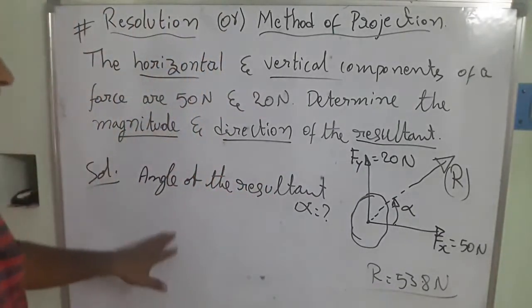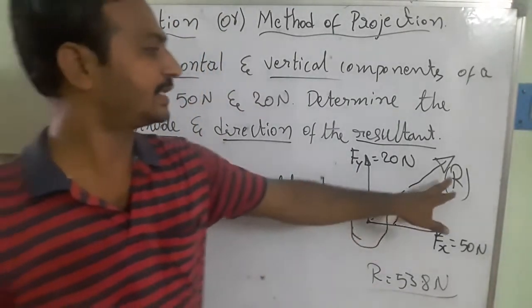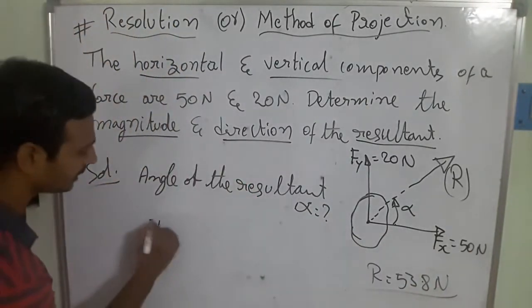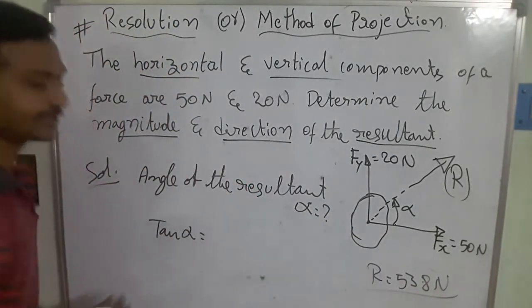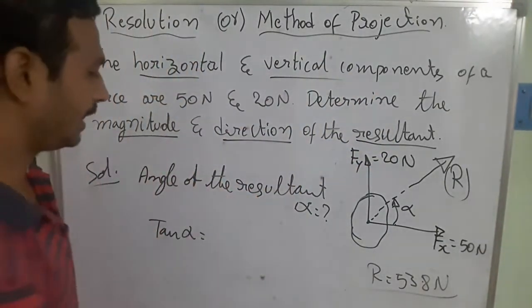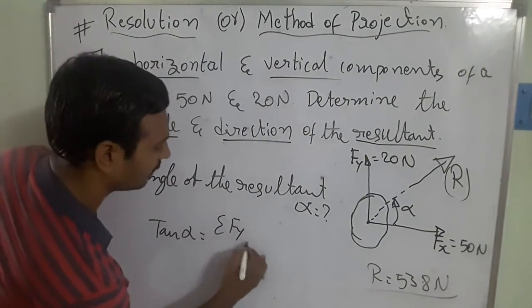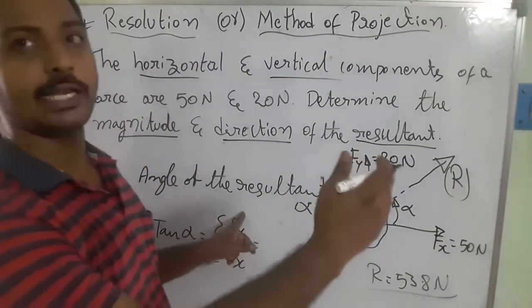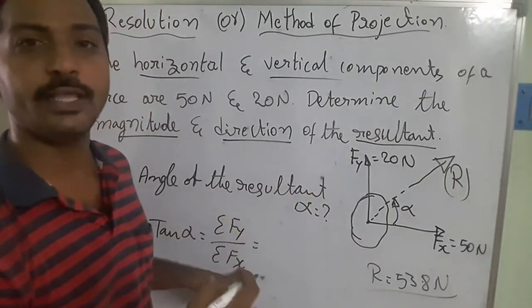Now we are going to calculate the inclination of the resultant with respect to the horizontal component. So I am going to take tan alpha. Tan alpha is equal to opposite side by adjacent side, so in this case sigma F of y by sigma F of x. That is the summation of the forces in the vertical direction by the summation of the forces in the horizontal direction.